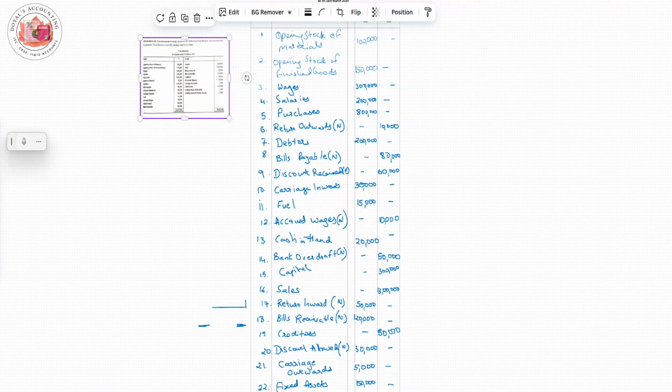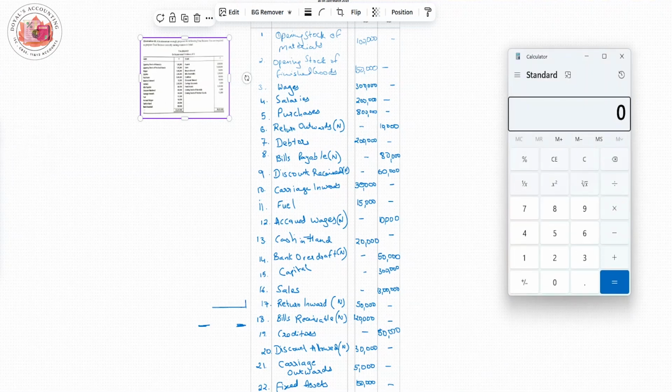Okay, now let's calculate the totals. I'm doing the debit column first. 1 lakh, 1,000 plus 3 lakhs plus 2 lakhs plus 8 lakhs plus 2 lakhs plus 30,000 plus 15,000, 20,000, 50,000, 1 lakh 20,000, 30,000, 5,000, 1 lakh 50,000.